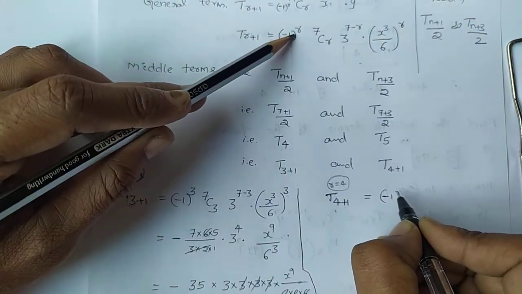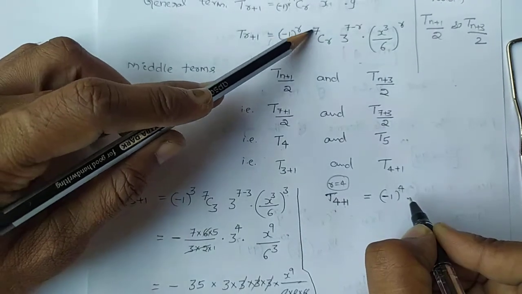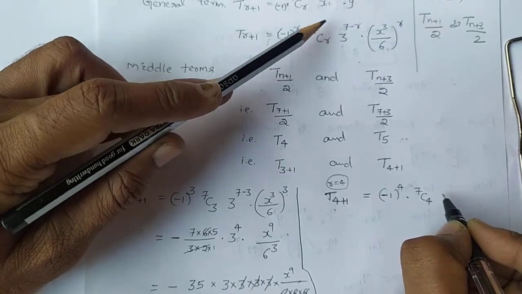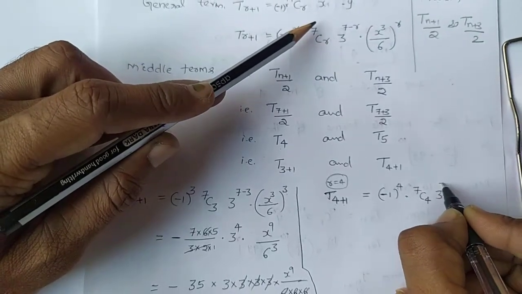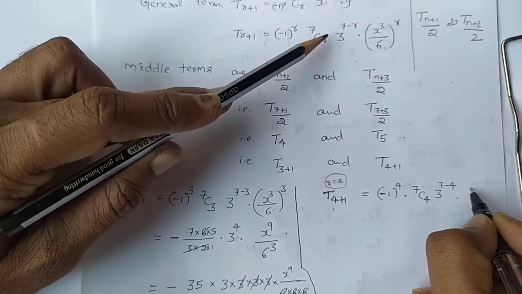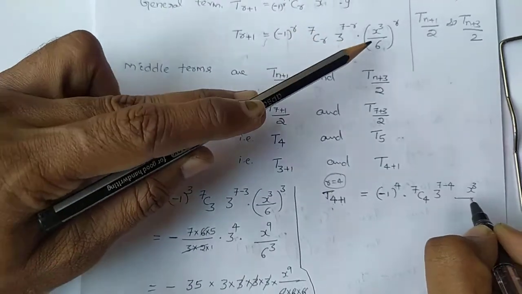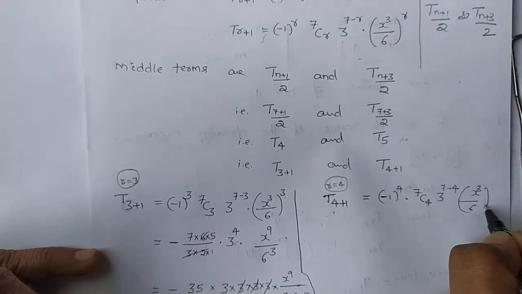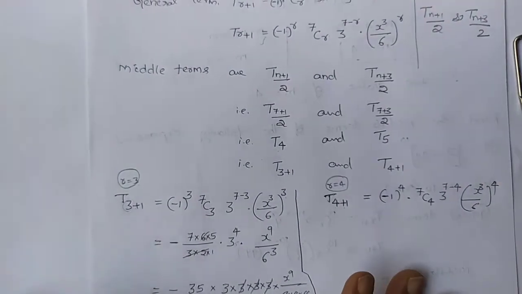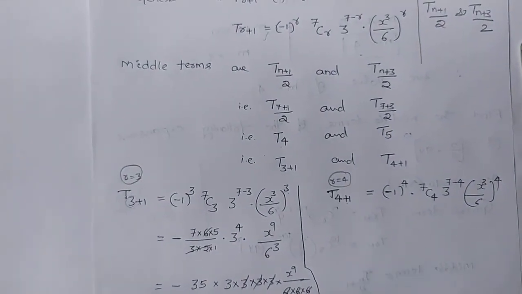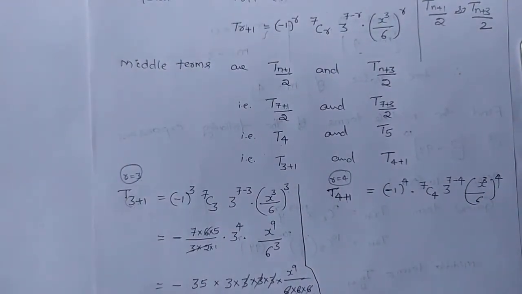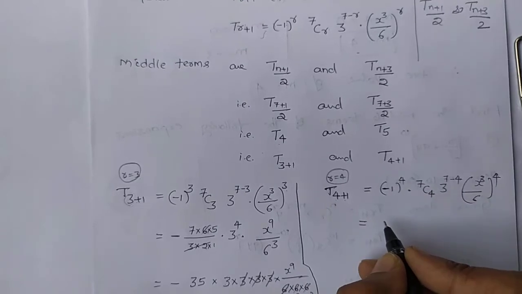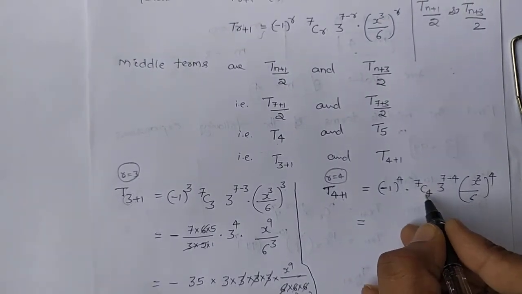In place of r I am putting 4, into 7C4, into 3 power 7 minus 4, into (x cube by 6) whole power 4. I am just putting r as 4 in the general term. That is equal to (minus 1) whole power 4, which is positive only.